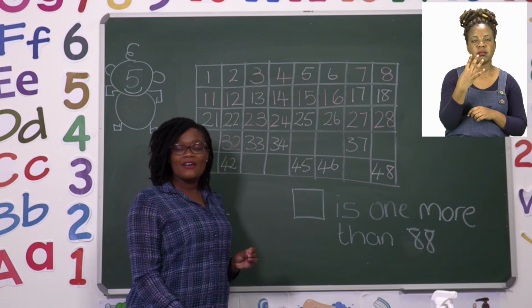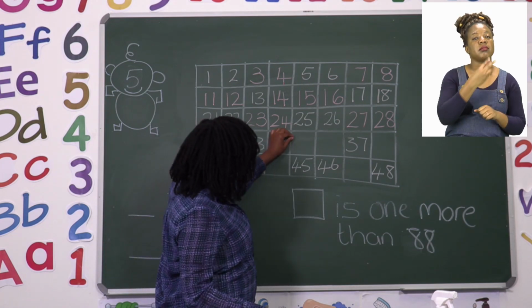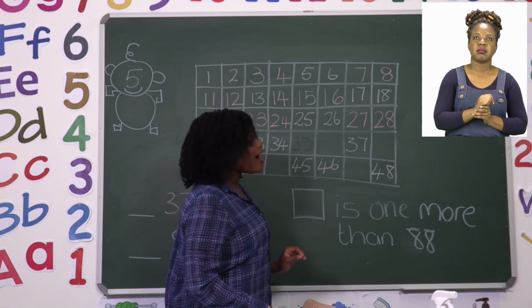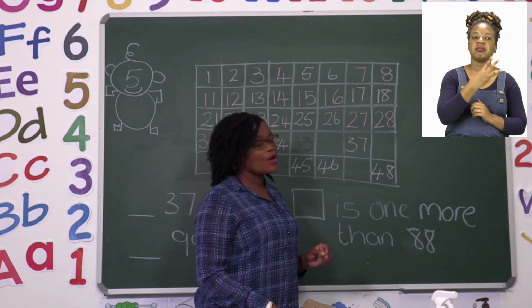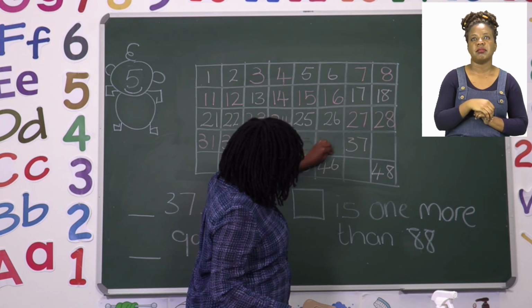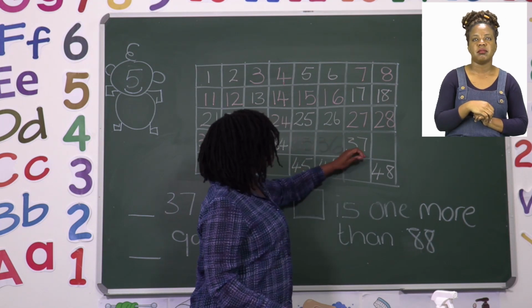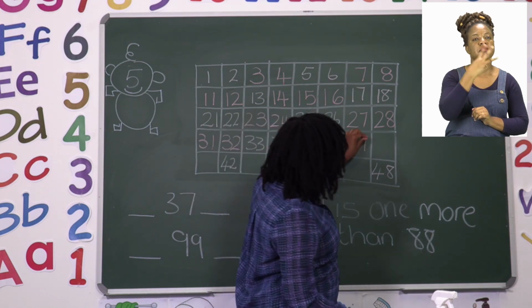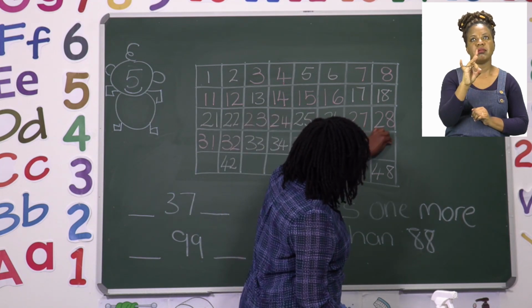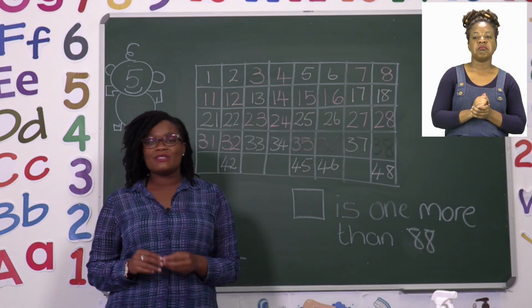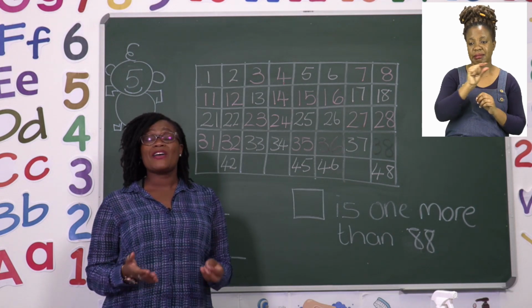The number after 34 is 35. After 35, we have 36. Then we have 37, and after the number 37, we have 38. So the rest of the missing numbers, my dear friends, you're going to do by yourselves.